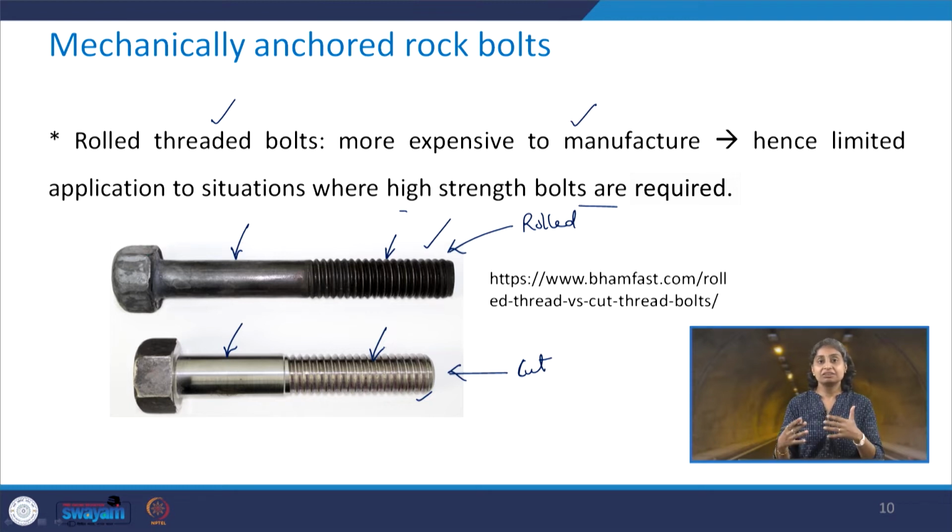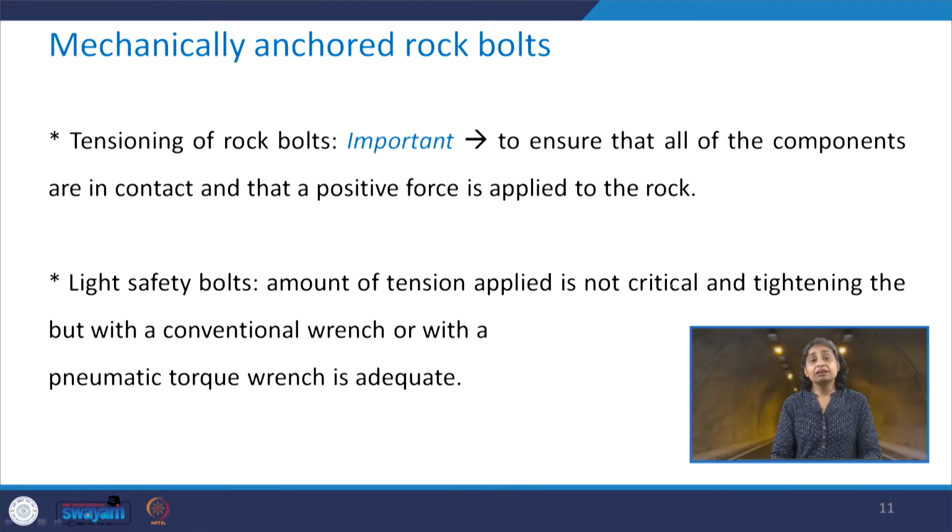Then the tensioning of the rock bolt is a very important action while installing mechanically anchored rock bolts. The tensioning ensures that all of the components are in contact and that a positive force is applied to the rock.